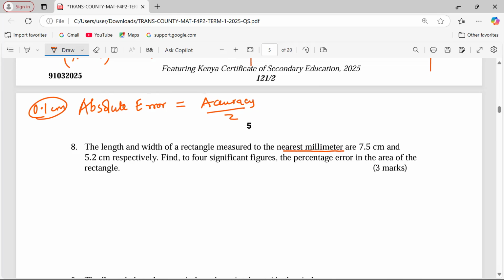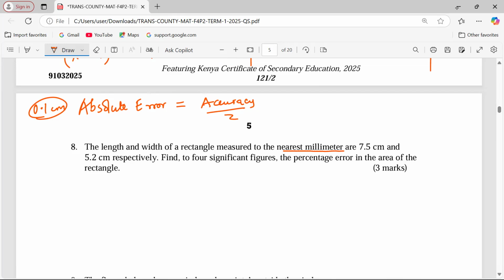like that, which means there is an accuracy of 0.1. When we look at the width also, 5.2, that's an accuracy of, again, 1 decimal point, which is also 0.1. Therefore, from 5.2, we can go to a next value of 5.3, 5.4, like that.